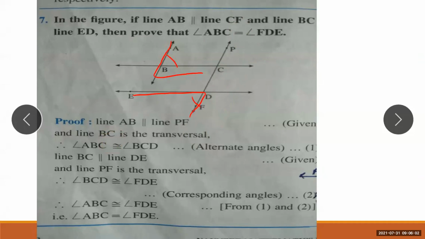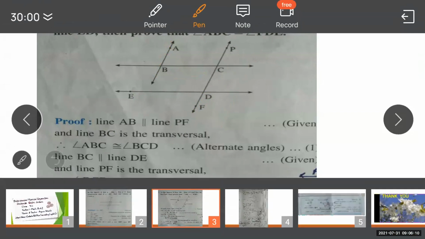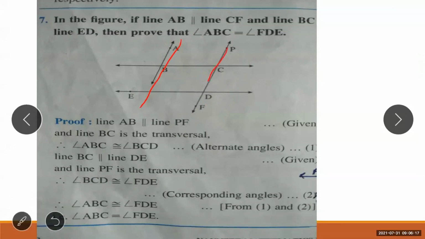Now see, what do we have to do here? AB is parallel to PF, and BC is the transversal.